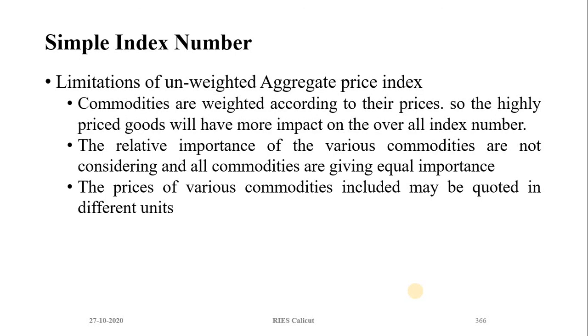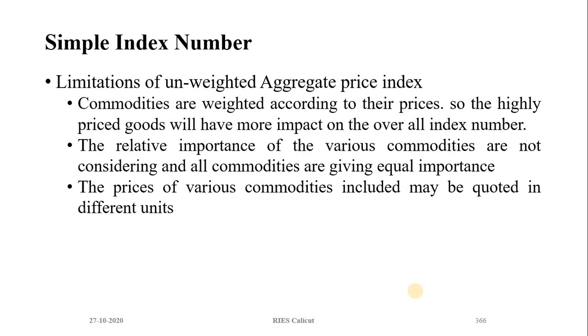For example, ornaments. Its price is very high, but we will only buy it once a year. But if you take rice or sugar, its price is very low, but we buy it regularly.